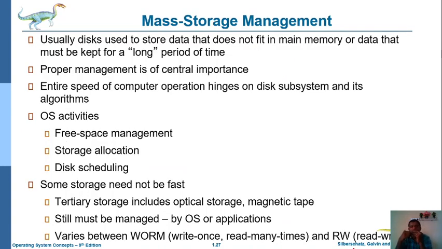So now we observe how we are maintaining the mass storage. Here mass storage means especially whenever we want to store some information for some period of time. That kind of storage is known as mass storage.